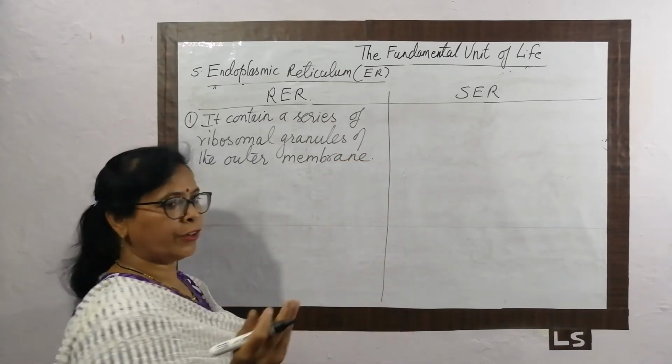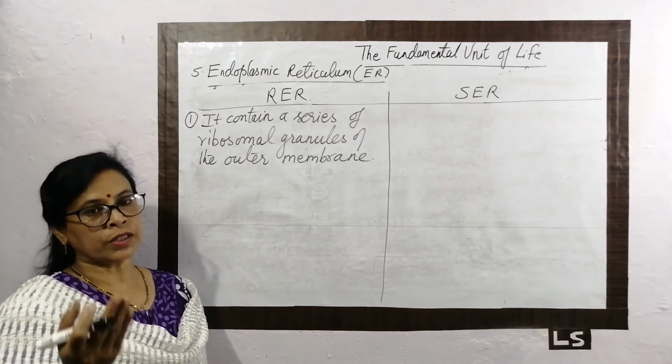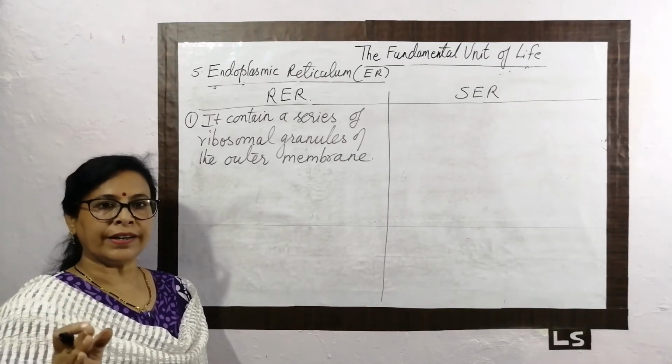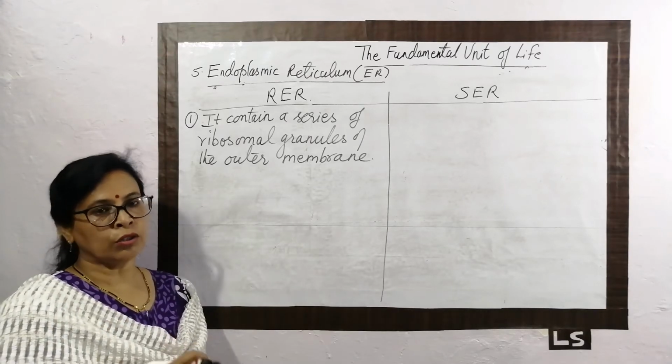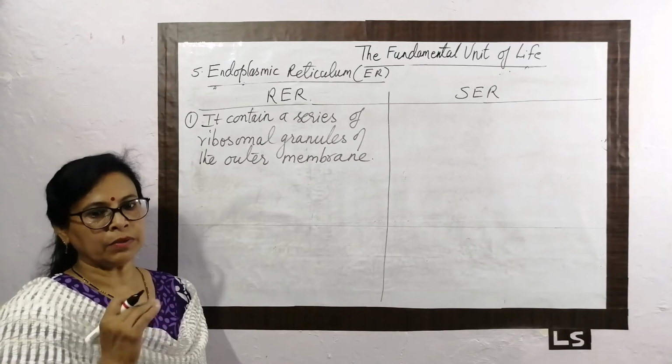The outer surface contains the granules of the ribosome, so it is rough in touch. So it is called the rough endoplasmic reticulum.